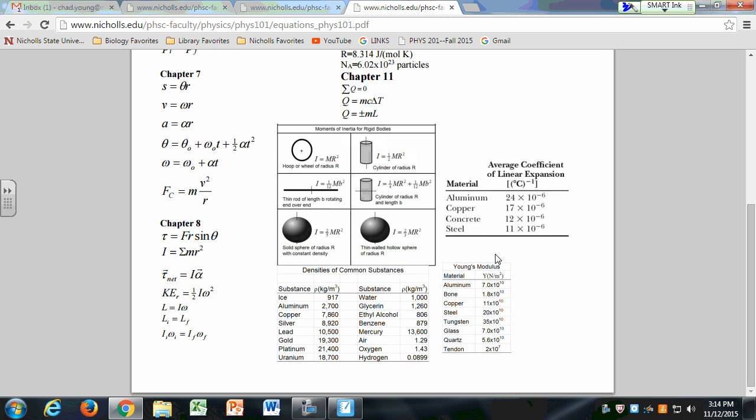So for example, if I heat up copper and aluminum by the same temperature, the aluminum is going to increase a greater amount, because it has a higher coefficient of linear expansion. That means it gets bigger faster. Okay? All right, so you have one of those.